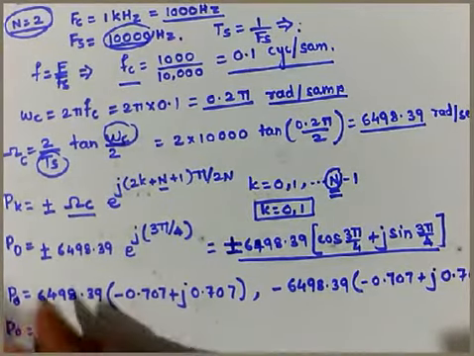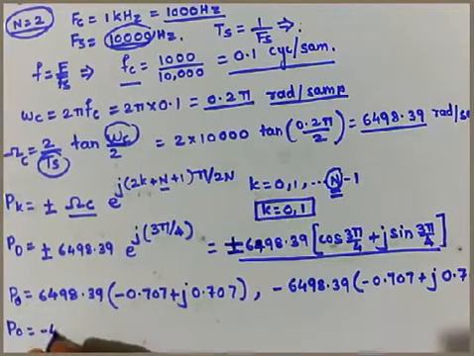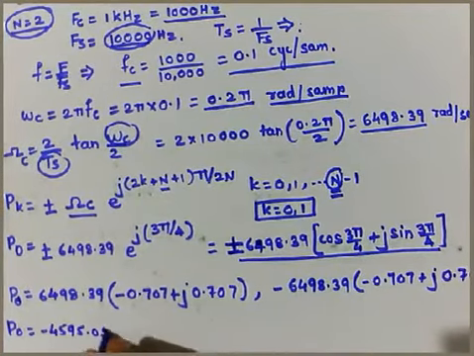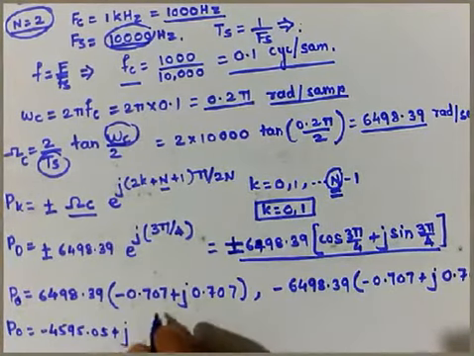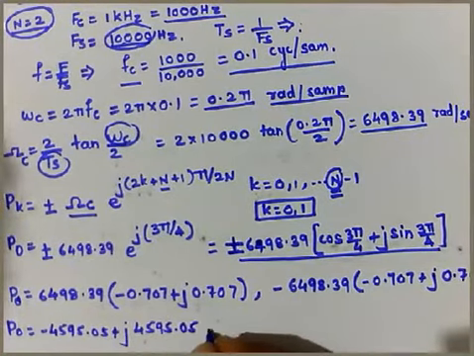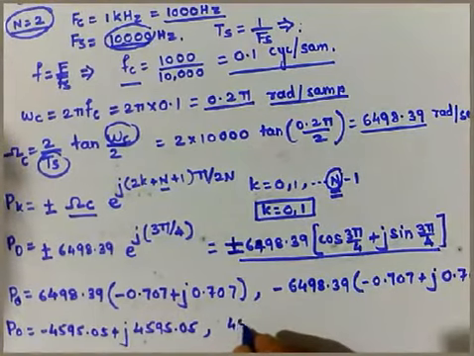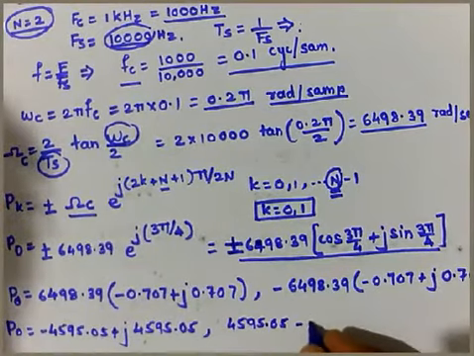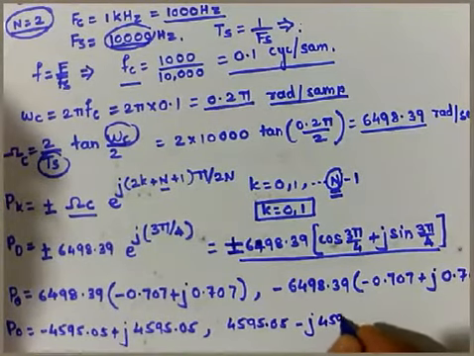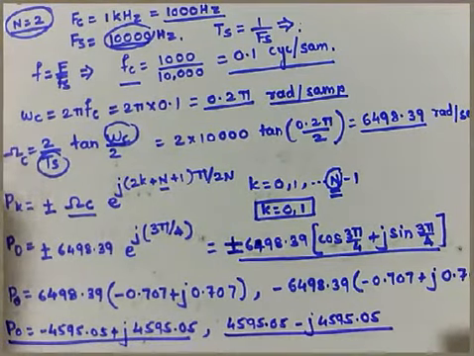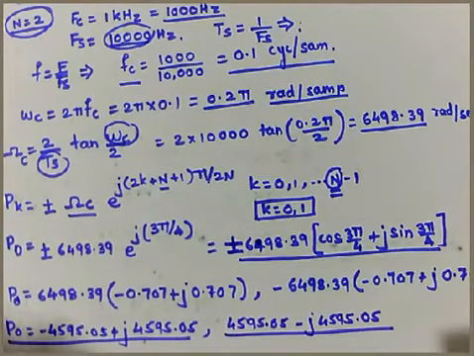The very first value for the P0 will be nothing but minus 4595.05 plus j 4595.05, and the second value is nothing but 4595.05 minus j 4595.05. So these are the two poles available. Similarly, we can calculate it for the second pole also.